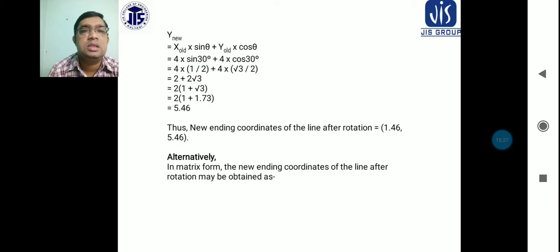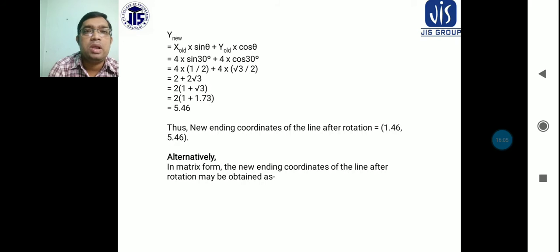Putting in the values, 4 sin 30 degrees plus 4 cos 30 degrees, where theta is 30 degrees. That is 4 times half plus 4 times root 3 by 2, which gives 5.46. Thus the new ending coordinates of the line after rotation are (1.46, 5.46).